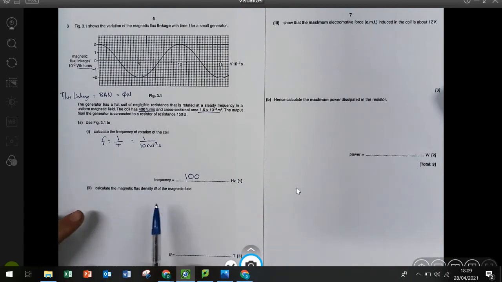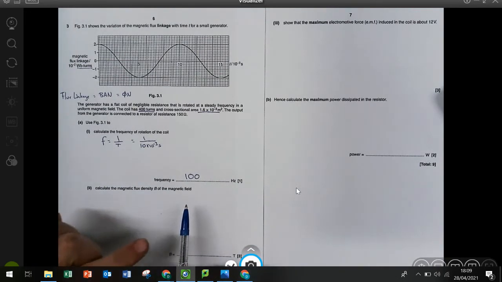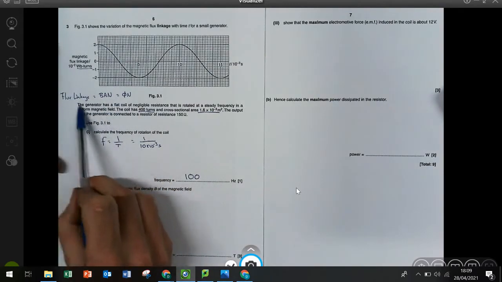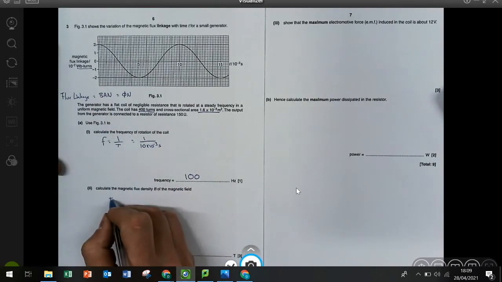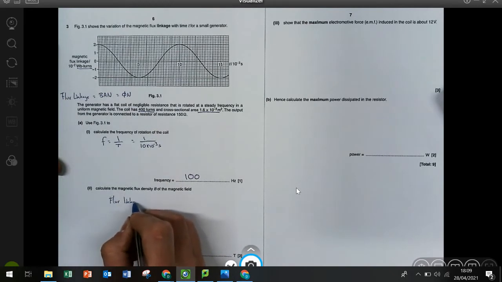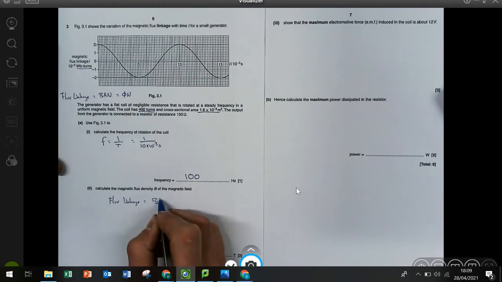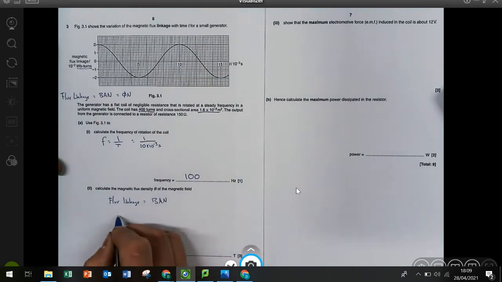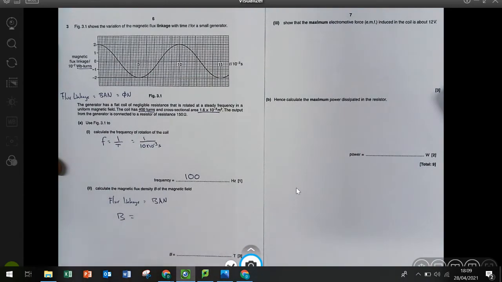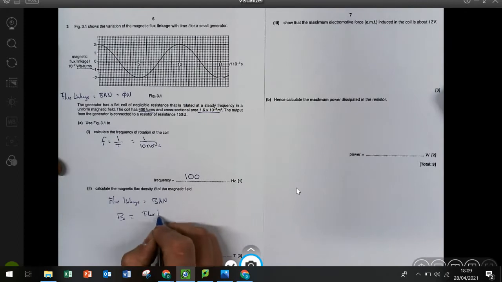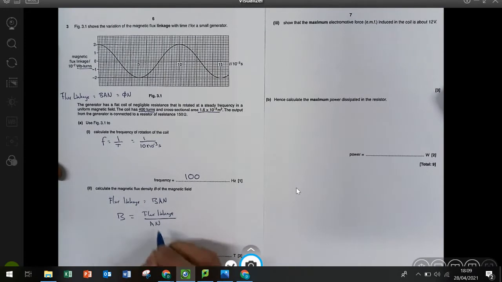Calculate the magnetic flux density of the magnetic field. If you remember this equation, it's really easy. Flux linkage equals BAN. So we can rearrange to find the magnetic flux density, which is the flux linkage over AN.